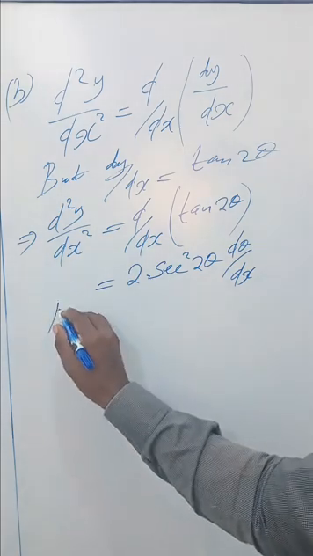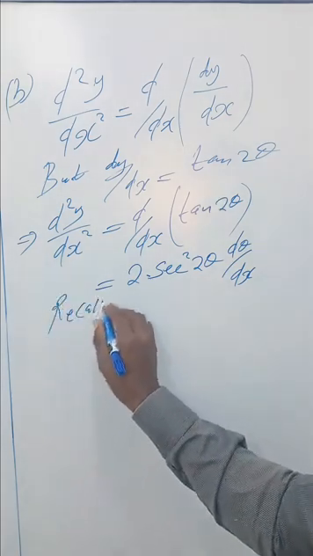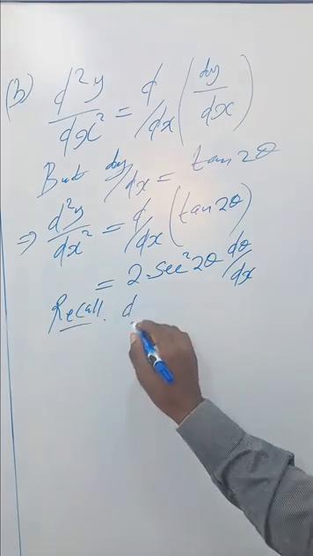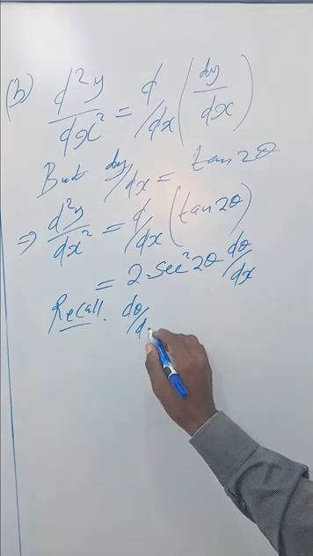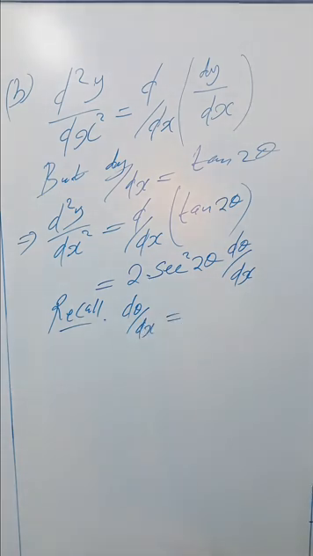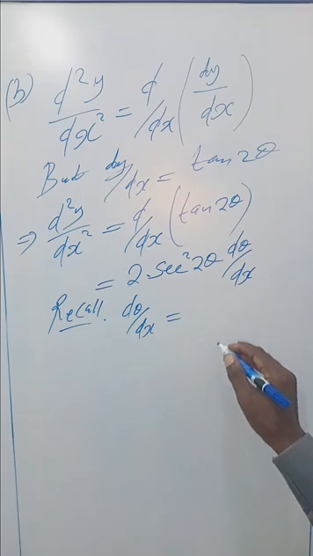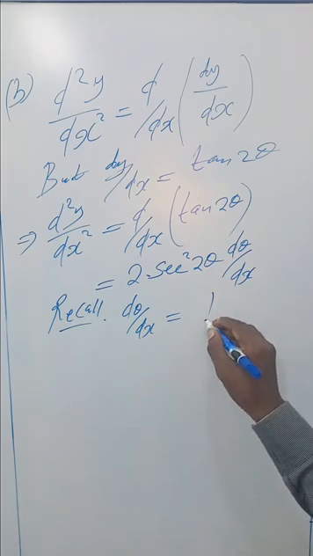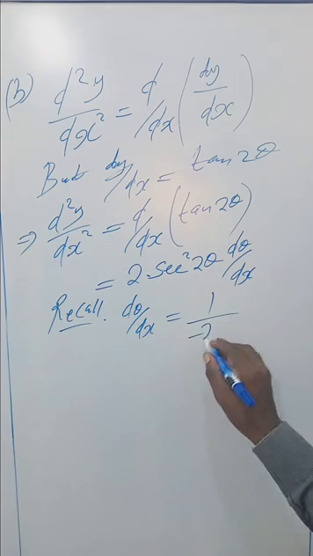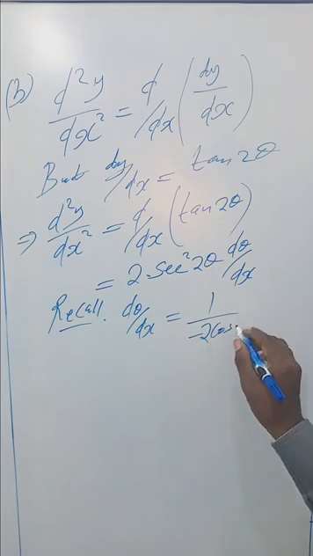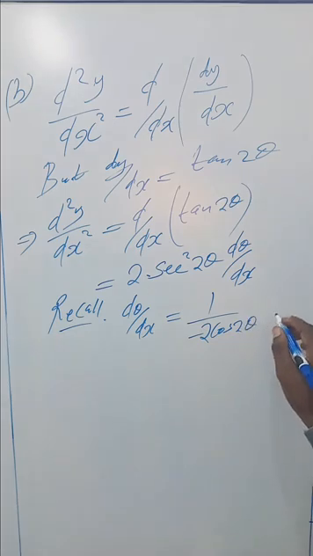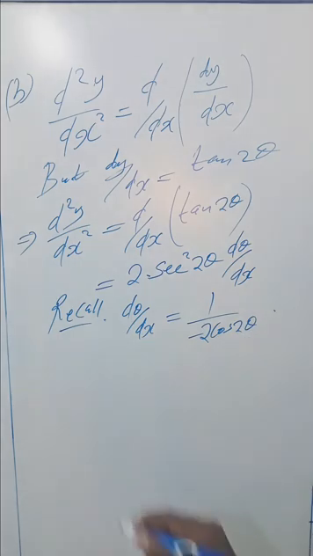But do you remember what d theta/dx is? From part A, d theta/dx equals 1 over negative 2 cos 2 theta. If you can recollect from the previous part, this is what you got.